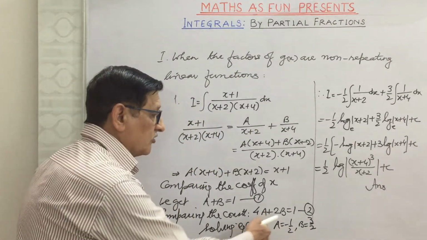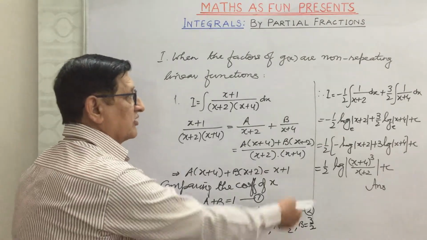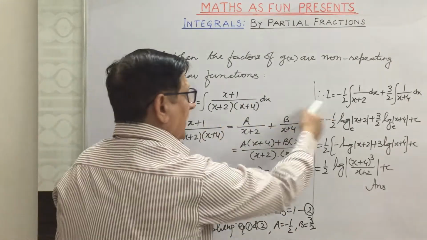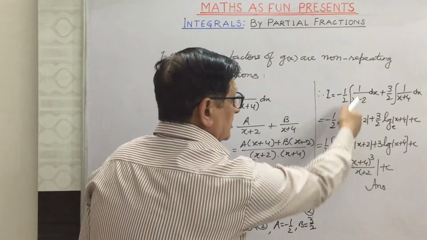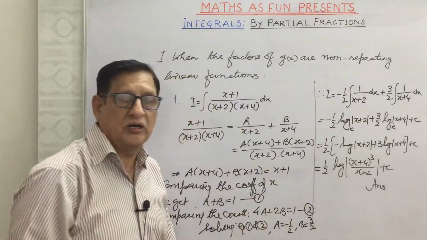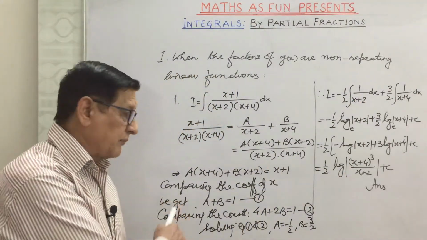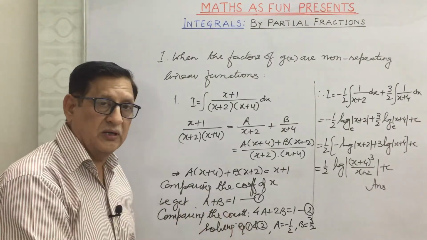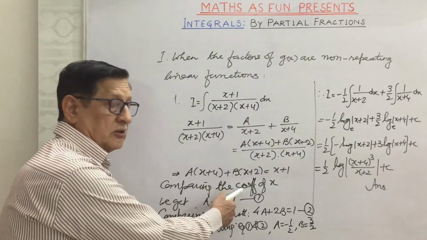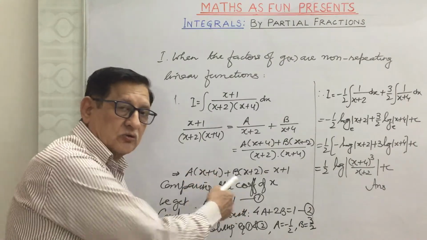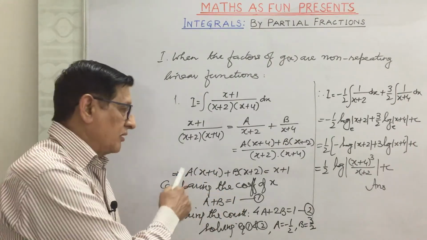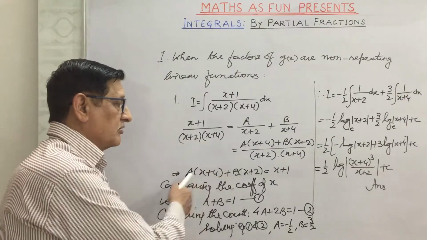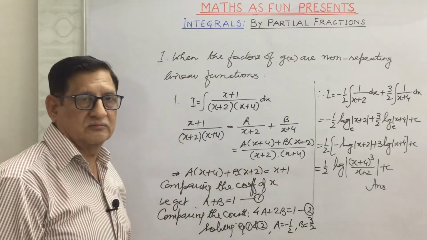The same values of a and b we are getting, and then we can substitute them here and find out the integral. In the same way, we will get the same answer. It means by applying either of the two methods, we can find out the values of a and b, either by comparing the coefficients and the constants or by substituting some values of x in this particular equation.